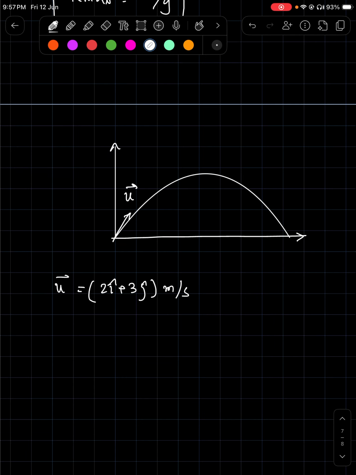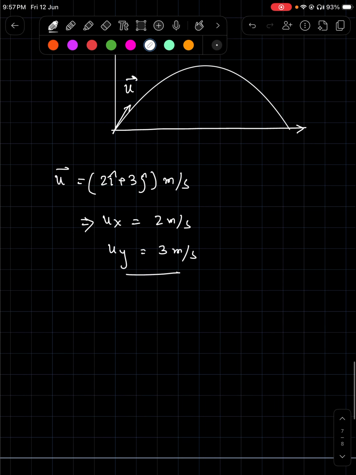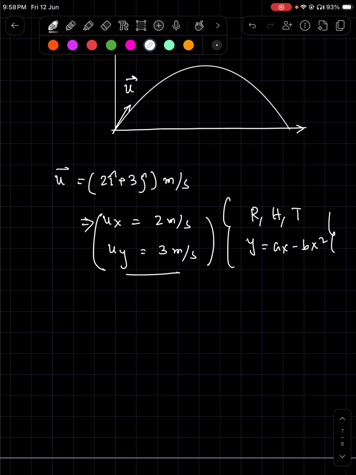So the initial velocity is given. From there we can easily find ux, that is 2 meter per second, and uy, that is 3 meter per second. Once we find ux and uy from this expression of u, then R, H, T, even the equation of the trajectory we can find easily. All the things can be done because all the things depend on ux and uy.